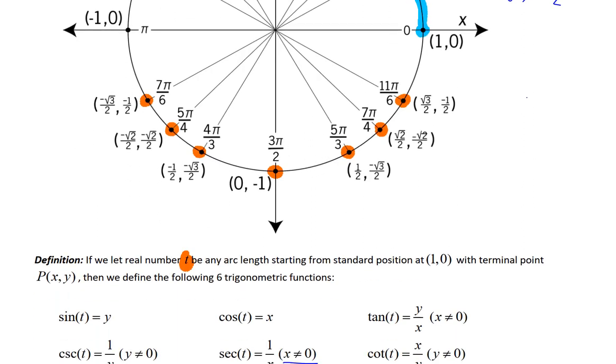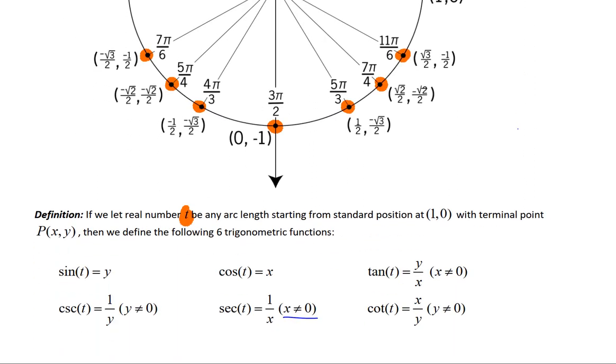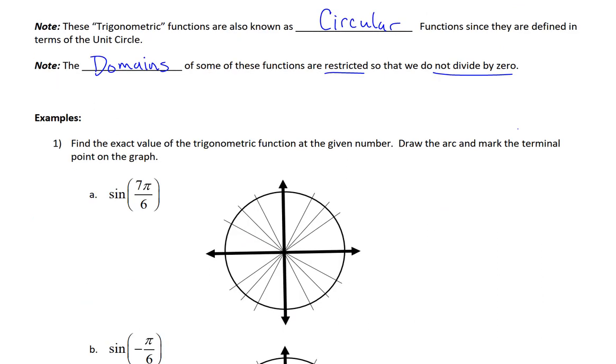So there's a subtle distinction there that can be a little tricky, but once you get used to it, it's not that bad. Okay? Nonetheless, the domains of these trig functions, when we say domain, we're talking about the t values, not the x values. Because the input of the functions for these trig functions are the t values, the arc length, the special arc length. The x values are just the coordinates of where they stop, the x coordinates where they terminate.